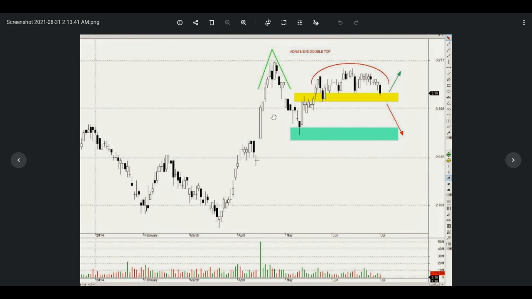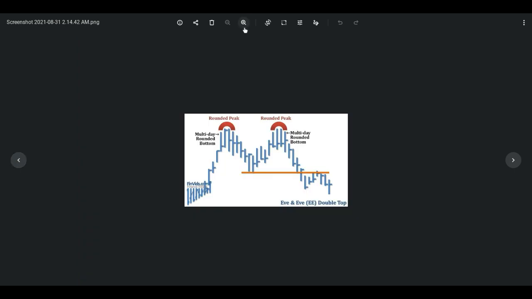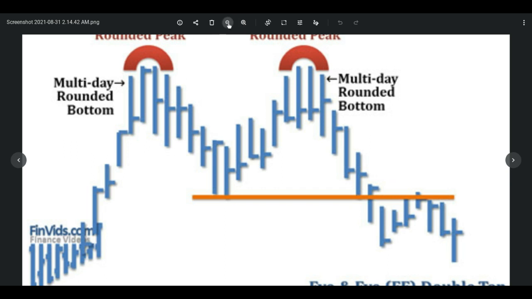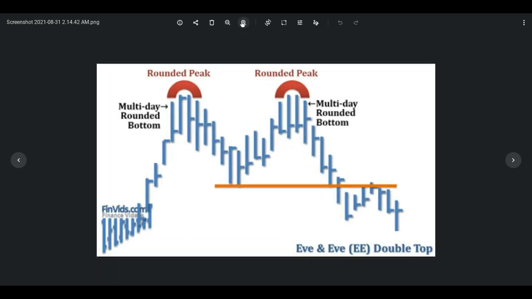This is what it would look like with the actual candlesticks. That's the one we just went over. Now we're moving on to the double tops, Eve and Eve.